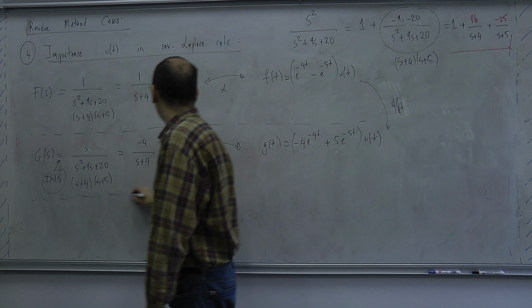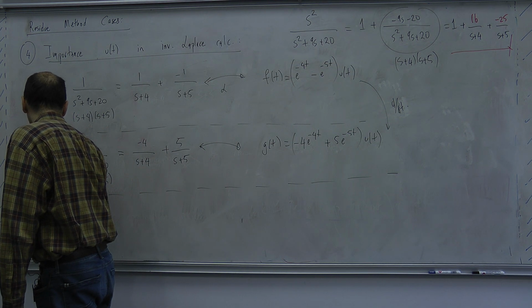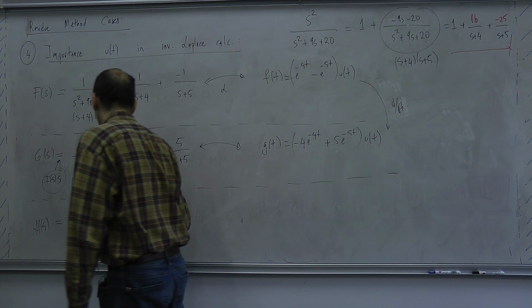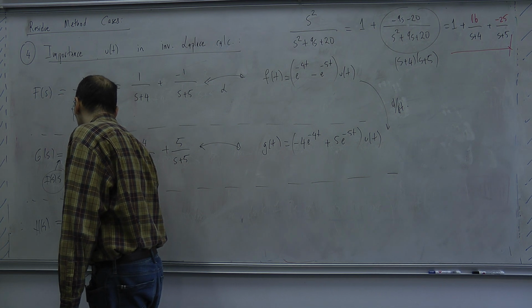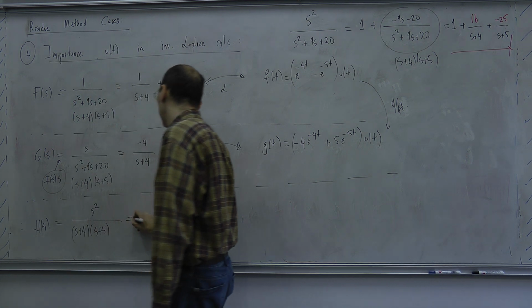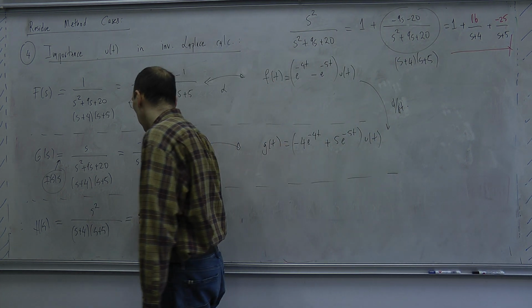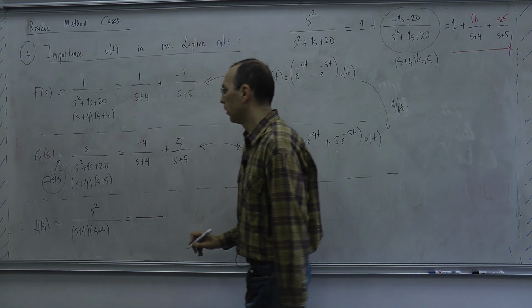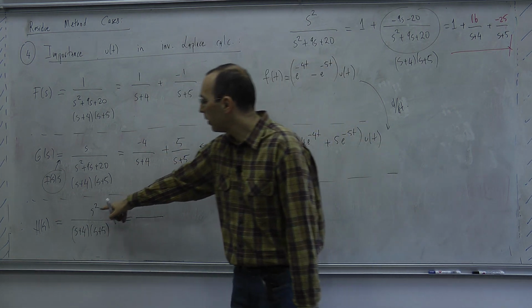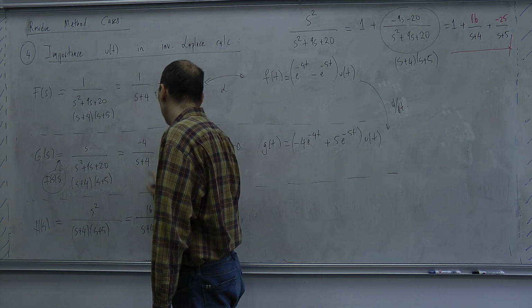So let's give it another try. So let me say this is h of s. So as you can see, this is s squared this time over s plus 4, s plus 5. Okay. So how should I do this? Well, I have learned the trick. Now I have one more s term. So this should be 16 over s plus 4, isn't it?